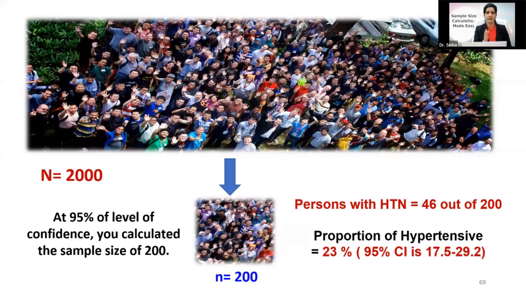I have said that the 95% confidence interval is between 17.5 and 29.2. So based on this sample of 200, I have projected the confidence interval for the population of 2,000.